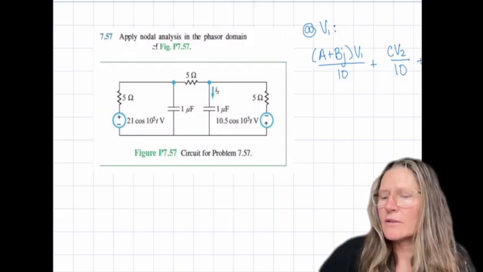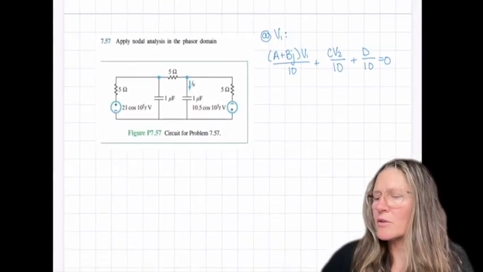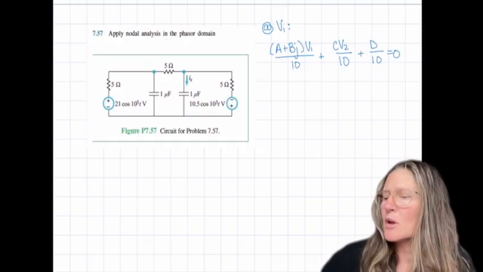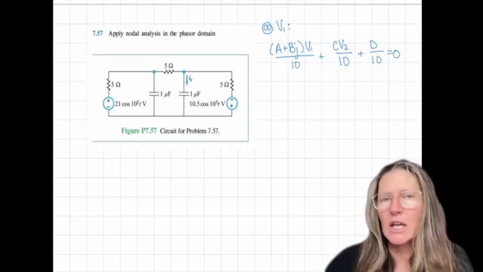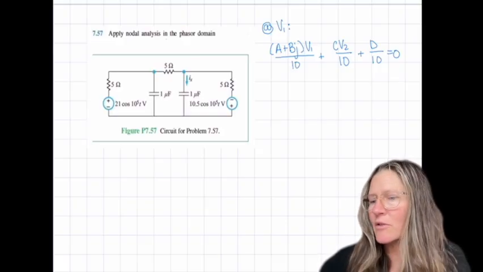On this, I want you to put the node voltage equation for V1 in this form, where it's (A plus Bj) over 10 V1, plus C V2 over 10, plus D over 10.